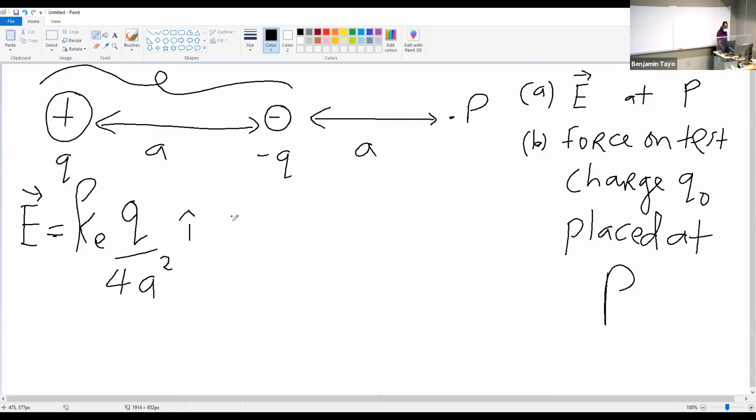And then this would be plus... Now do your math and simplify this, you get negative 3/4.